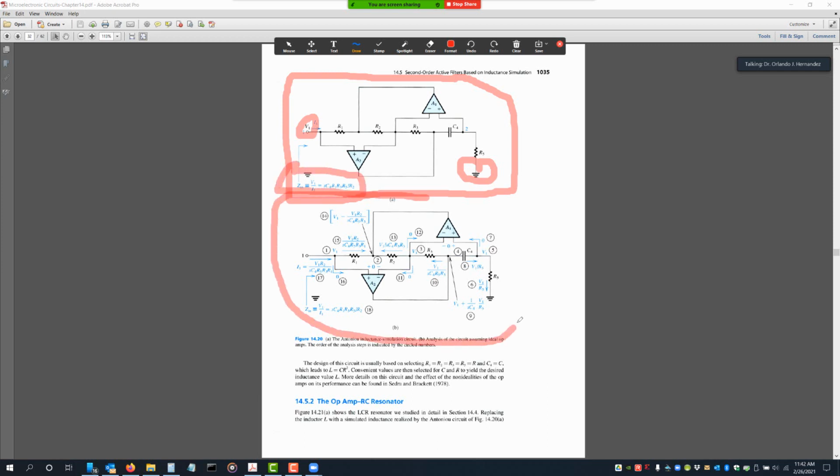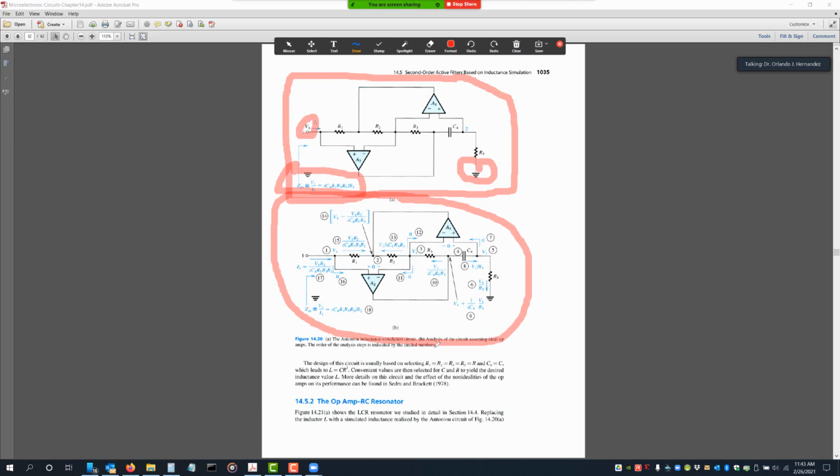The way to follow this is to start with the first number. Basically here you get an expression of the input current. Then you get another equation from here, and another equation from here, and you're using the fact that the op amp has a virtual short at the inputs and so on. So you can follow steps 1, 2, 3, and so forth.